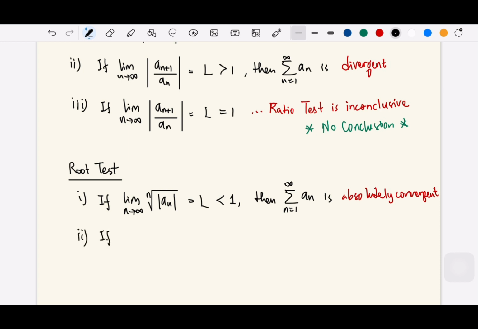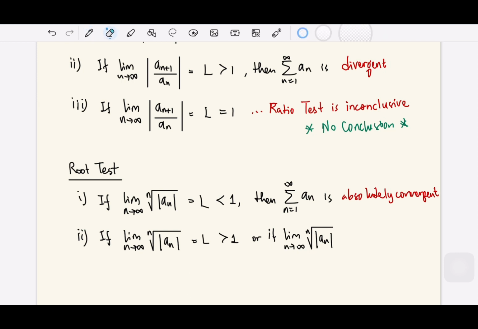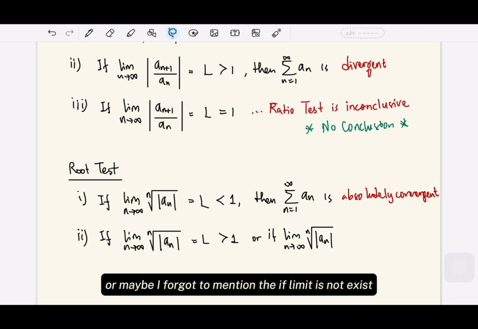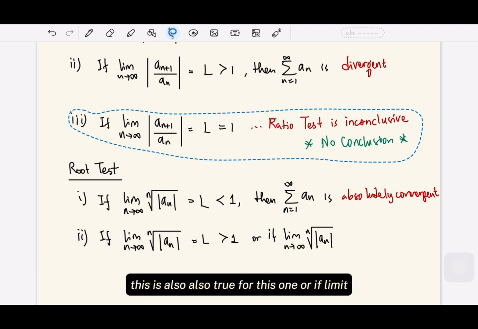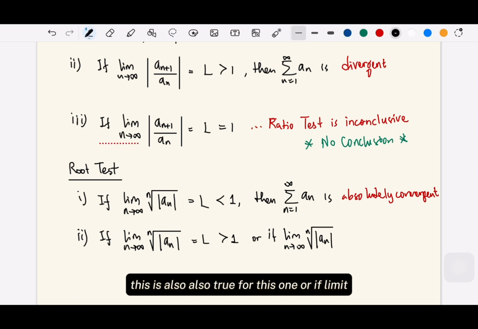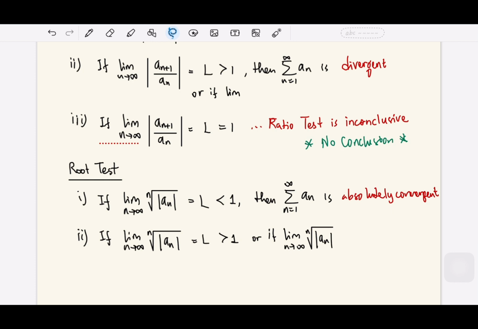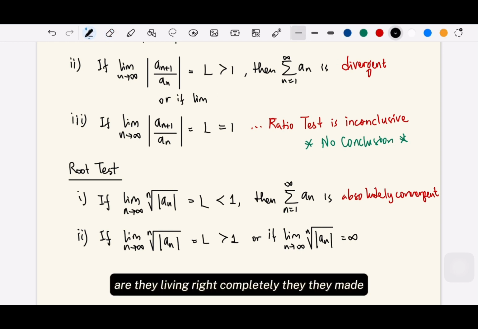And then if L is now greater than 1, or if the limit does not exist, oh, maybe I forgot to mention the if limit does not exist. So this is also true for this one.